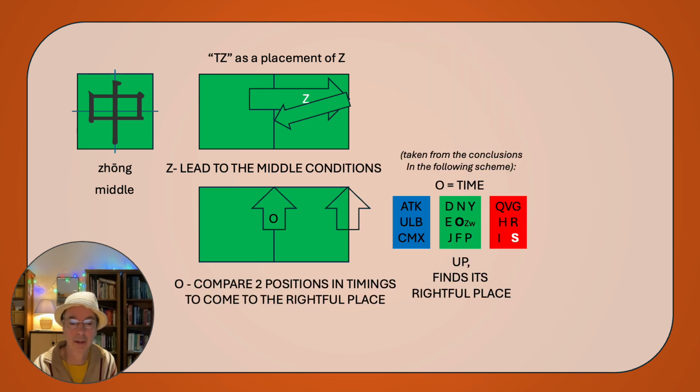The O then takes out the perfect moment to use. It emphasizes the vertical, and it takes out the rightful place or rightful moment, but the moment is also related with place, so it is just in the middle of the timings in the scheme.